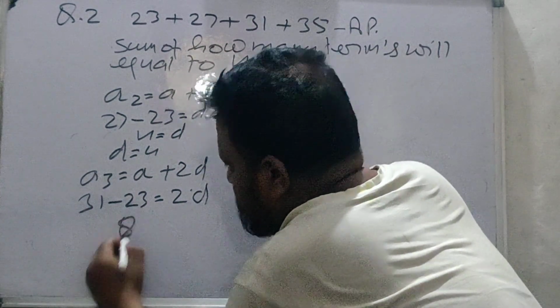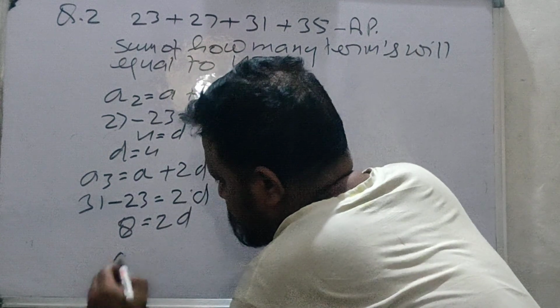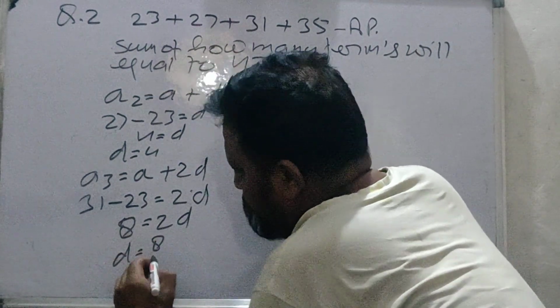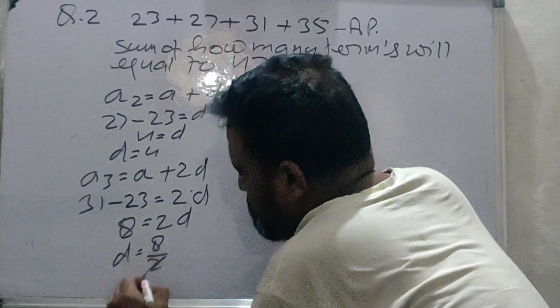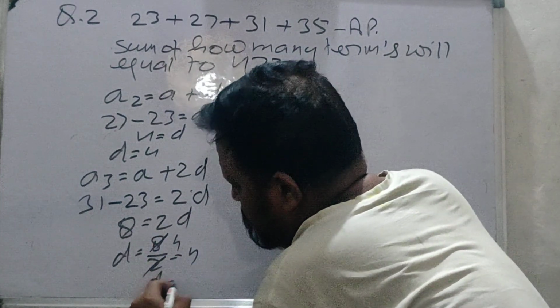So 8 is equal to 2D, so D is equal to 8 by 2, which becomes 4. So D is equal to 4.